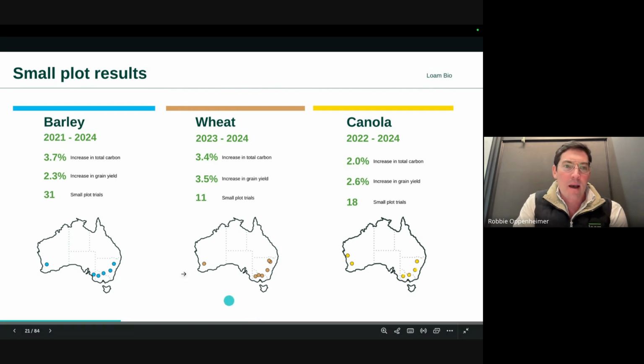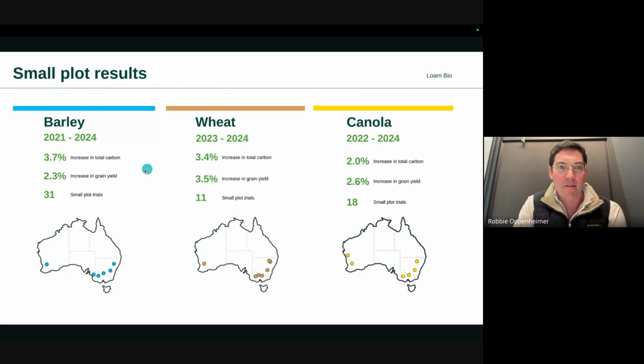If we take those small plot trials and take the average increase in carbon that we see, the average increase in yield that we see over 3 years for 31 field small plot trials in a range of locations and soil types. Similarly for wheat and similarly for canola. On average, what this corresponds to is about 3 to 5 tons of carbon dioxide equivalents per hectare and a small increase in yield.